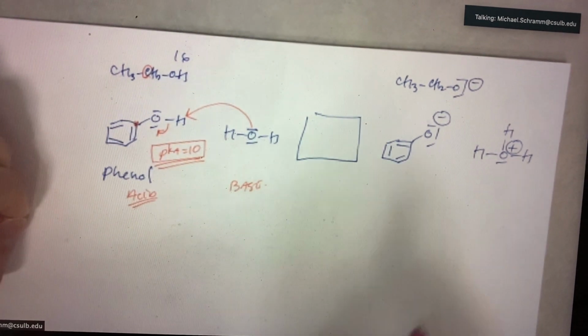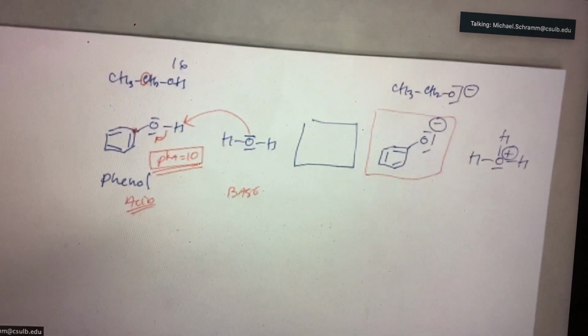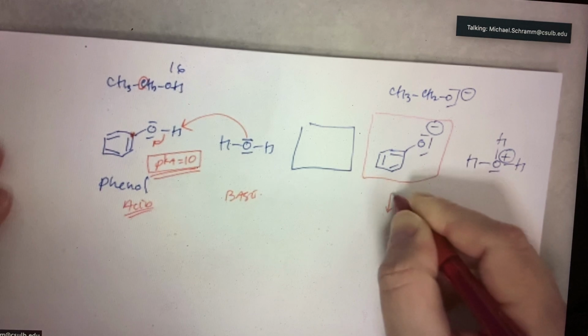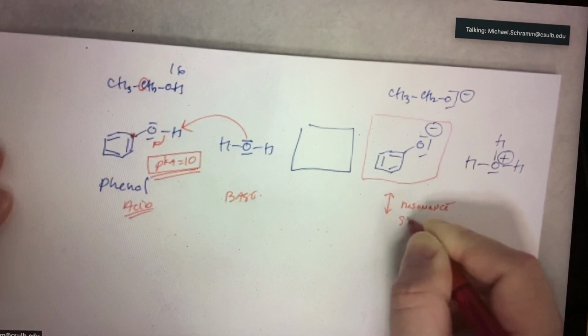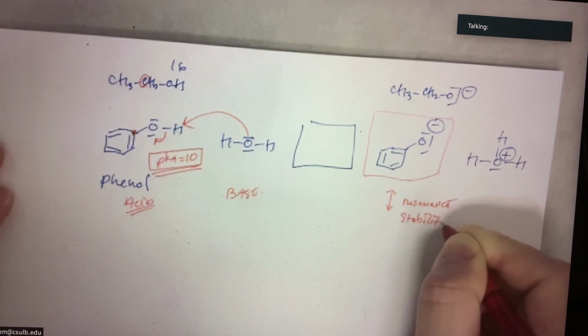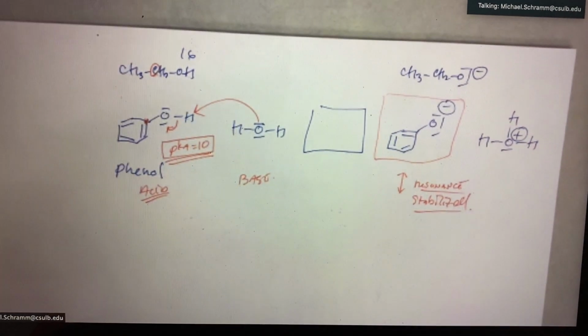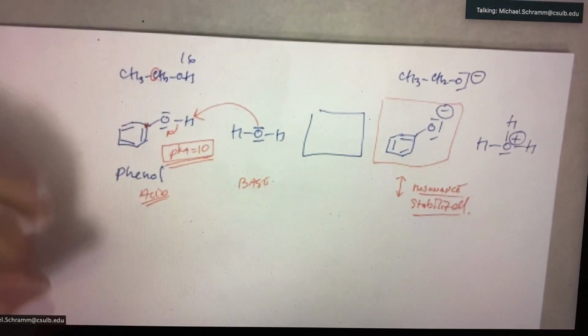Not too much difference, but when we compare these two things, this particular entity is significantly more stable due to resonance. It can be resonance stabilized, where we learned about resonance with Dr. Martinez. This negative charge can be distributed and shared across multiple atoms.